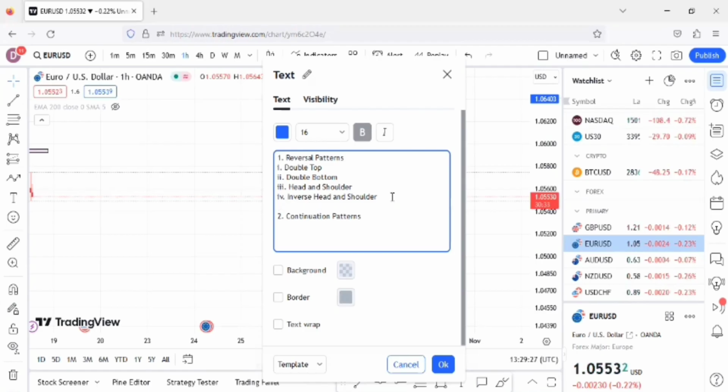So those are the major ones that I use as a reversal, to spot that a trend is about to reverse. That is what reversal pattern does.